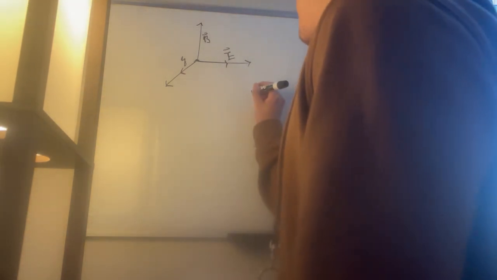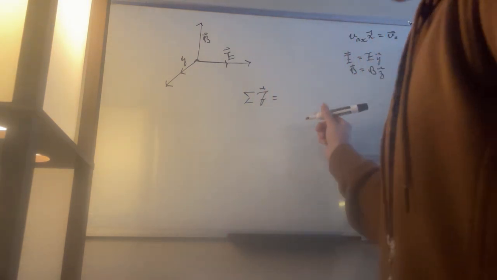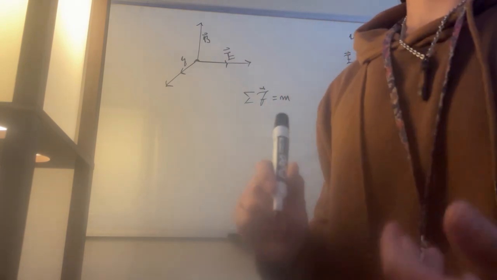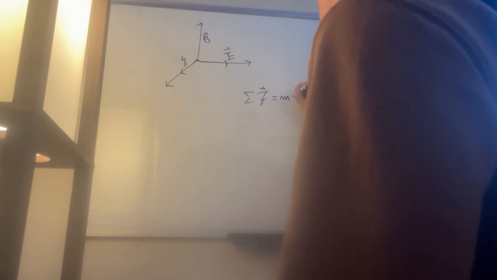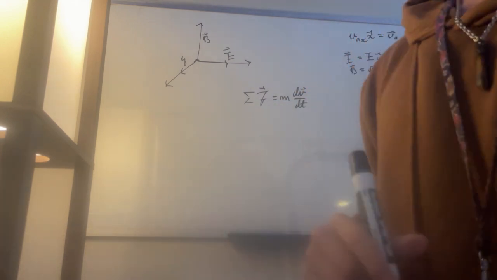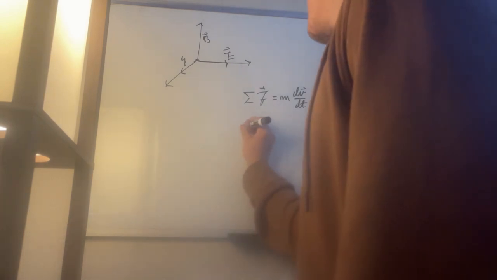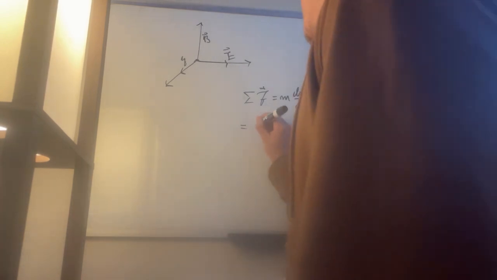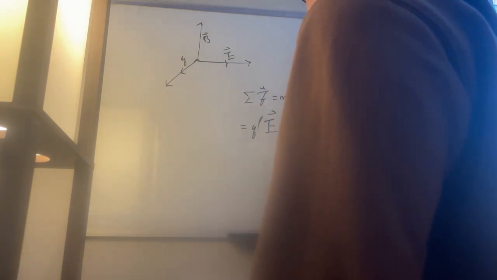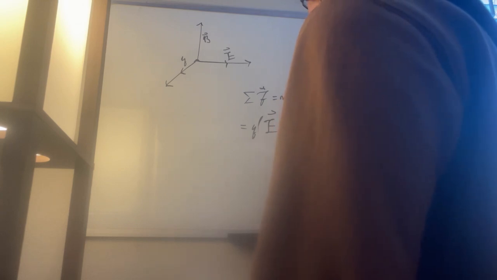So the net force is equivalent to the mass times acceleration, but I'm going to write the acceleration as the time derivative of the velocity as a function of time. And this is going to be equivalent to Q times the Lorentz force, E plus V cross B.